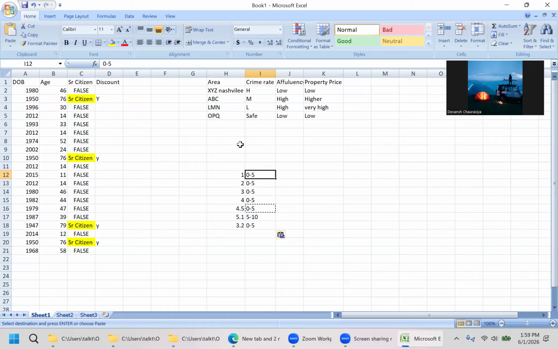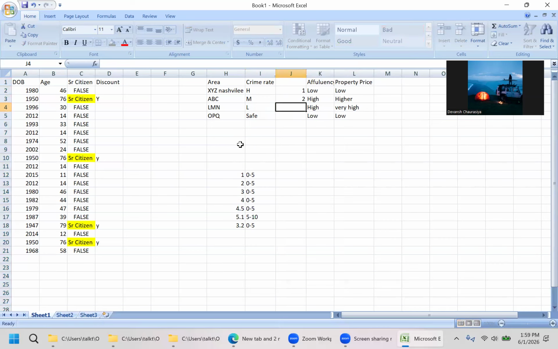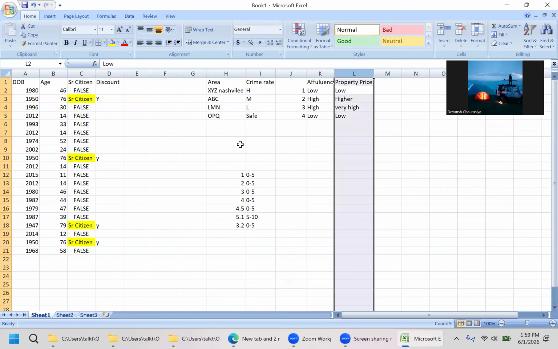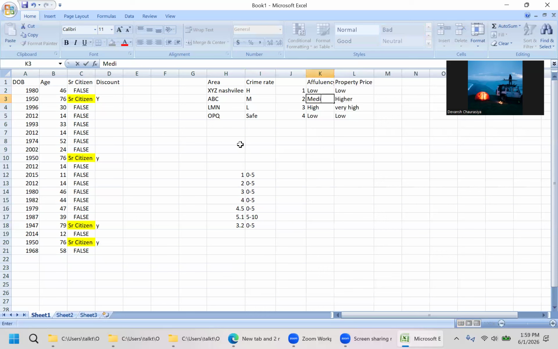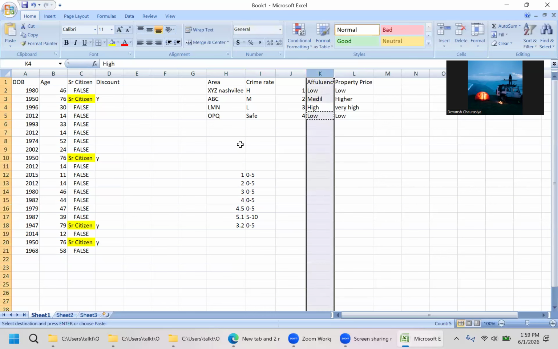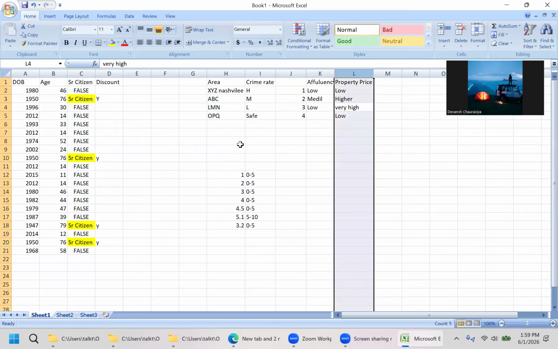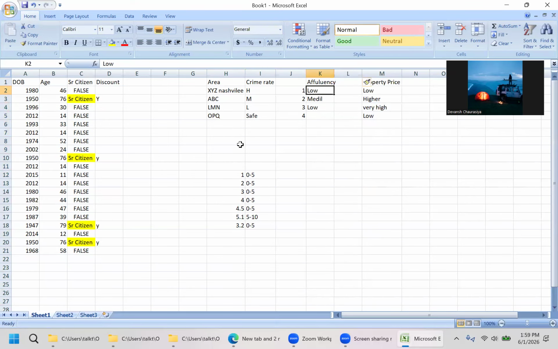And then you have to make sure, okay, let's take the example of this affluence and property. Let's say crime rate is 1, 2, 3, 4, very safe, and affluence is only high, medium, and low, so here it is 1, 2, 3.